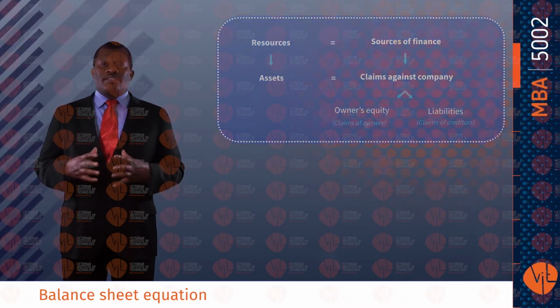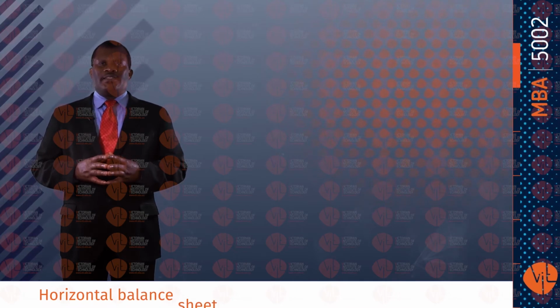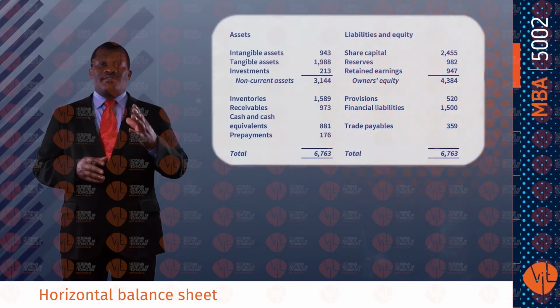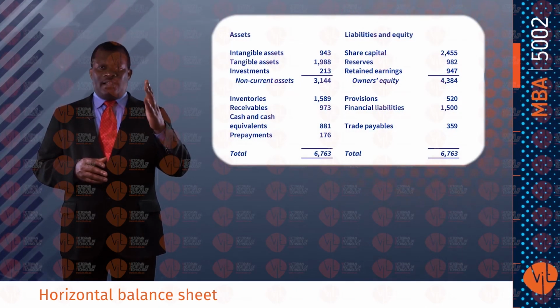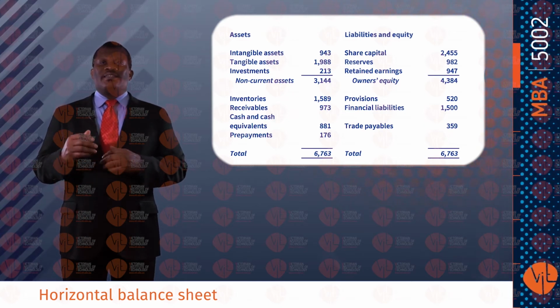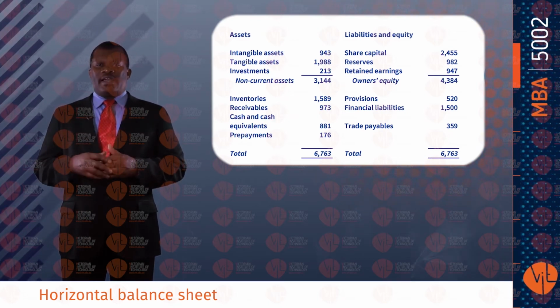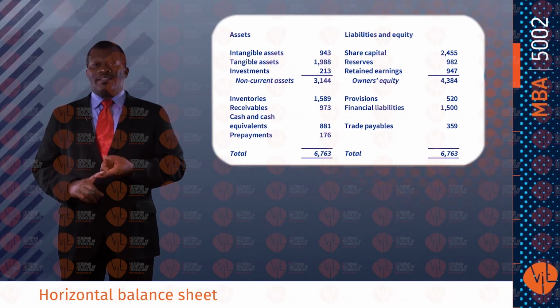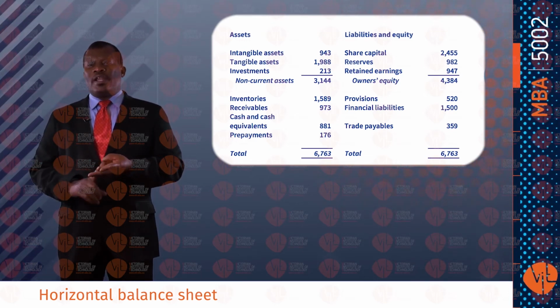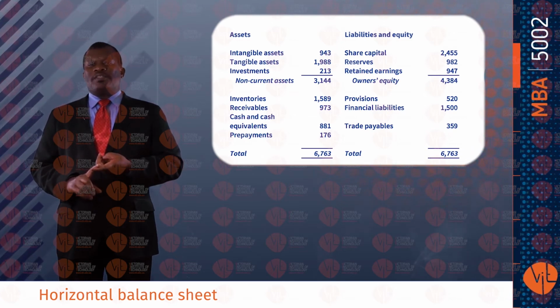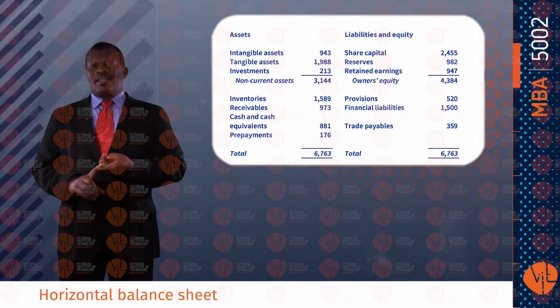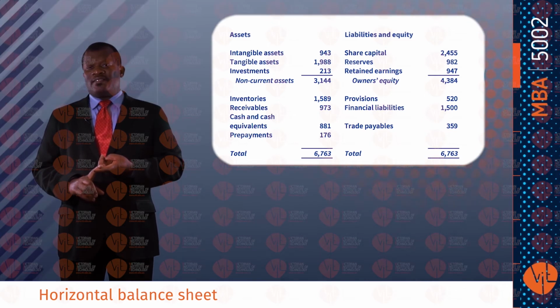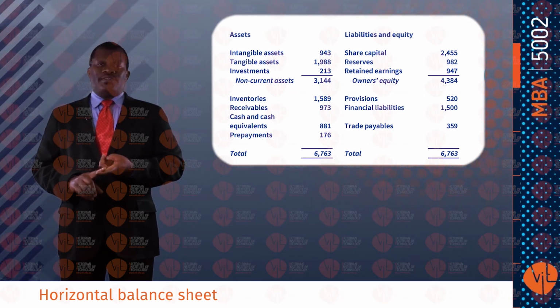So with the horizontal presentation of balance sheet, you realize that the resources are on the left-hand side, whilst the claims are on the right-hand side. Now the claim, we are looking at liabilities and we are looking at owner's equity. Liabilities are what has been provided by outsiders, like creditors, banks, and so forth.